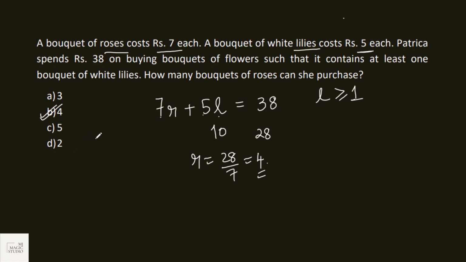It's just putting up the value and you can very easily find answers. As simple as that. Because 38 is neither divisible by 5 nor divisible by 7. So we cannot have that schedule made very easily. We can just put in values for L and can find the value of R. Here option 4 suits in.